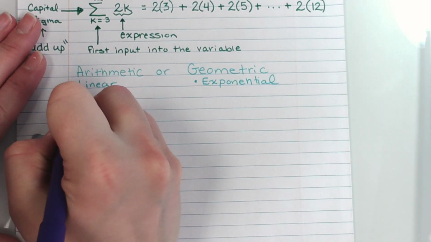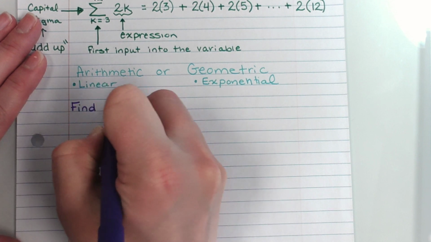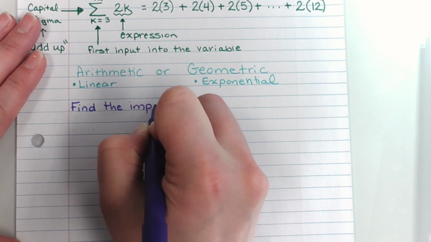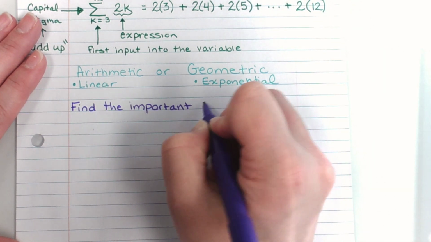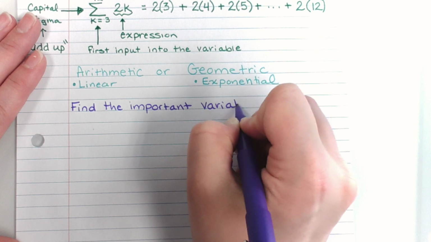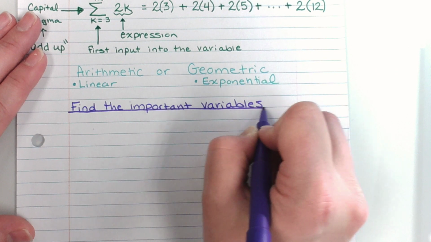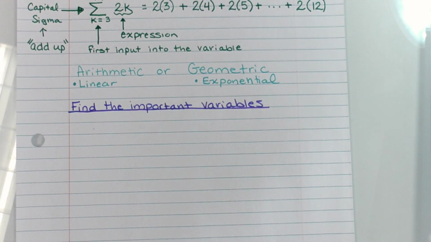So one of the key things you have to be able to do is to find the important variables. Now, the different variables that go into our equations. For the series, it starts with S sub n. But if I give you sigma notation, that's always going to be what you're looking for in the grand scheme of things. There's not some special way to find it. That is the last thing you find.